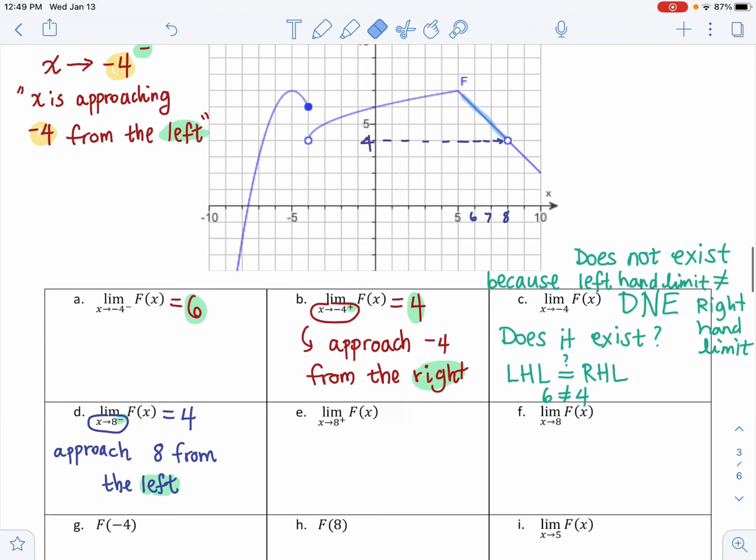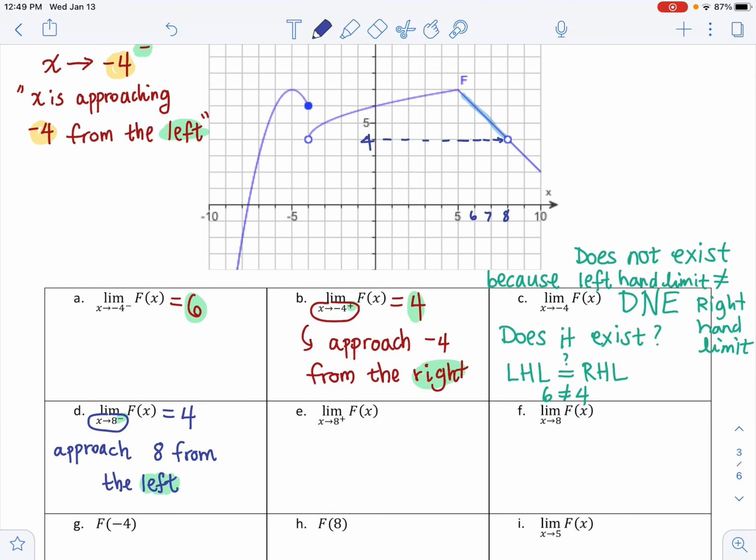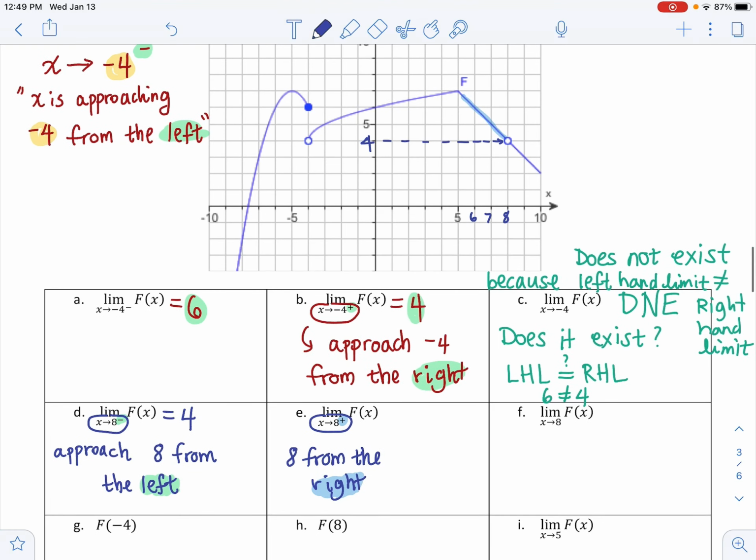It's just getting really close to that. All right, how about the next one, which is asking for the limit as x approaches 8 from the right. At some point, I'm going to stop writing this down because you will understand what these plus or minus signs mean in one-sided limits, right? If I try to approach 8 from the right, you see, I'm going to the same place, the same open circle right there. So this time, the right-hand limit is also 4.